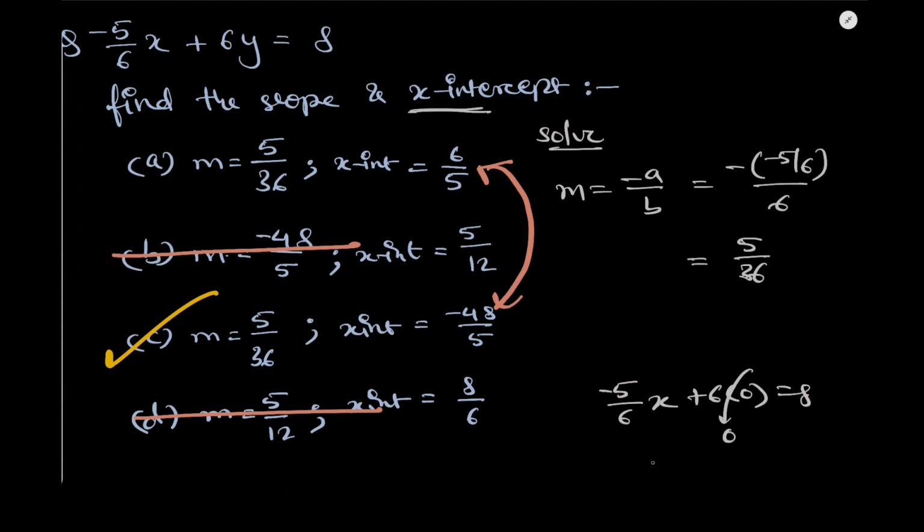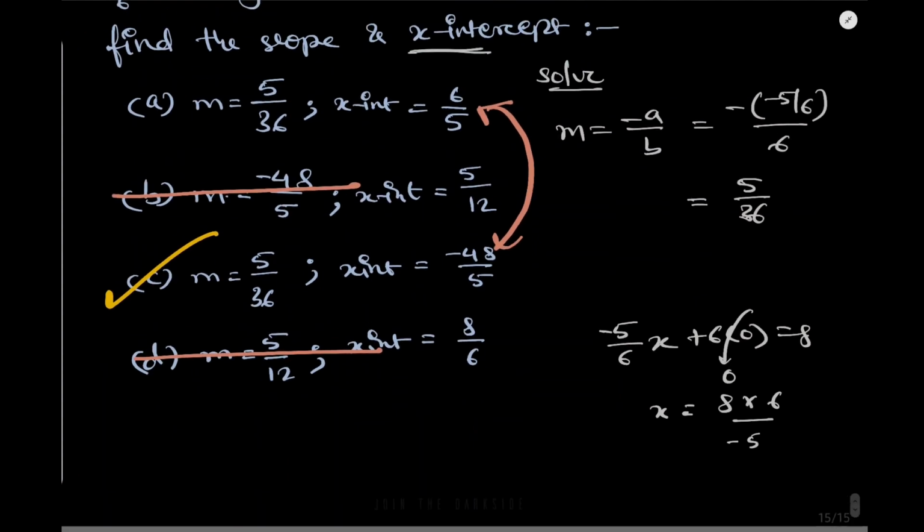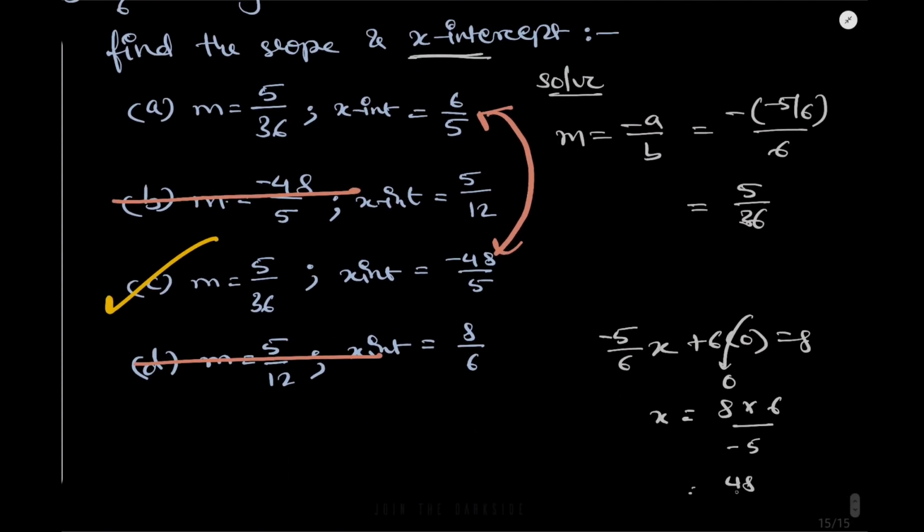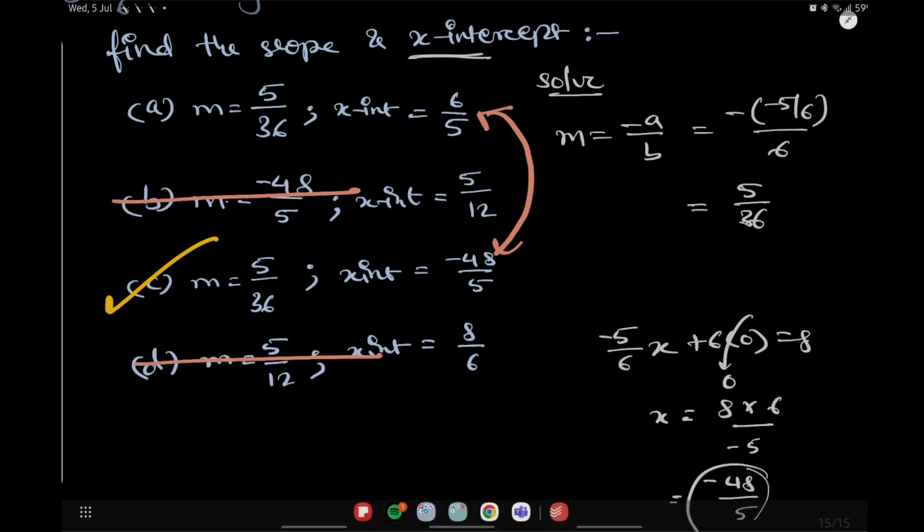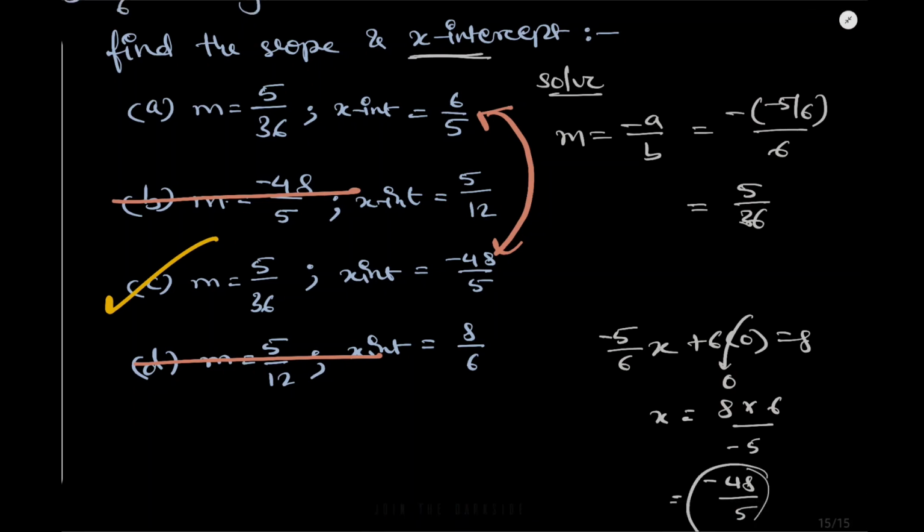This is 0, so x will be 8 into 6 divided by minus 5, which is nothing but 48 by minus 5. So we got minus 48 by 5, and in option A we have 6 by 5, and in C we have minus 48 by 5, thus option C is the right one.